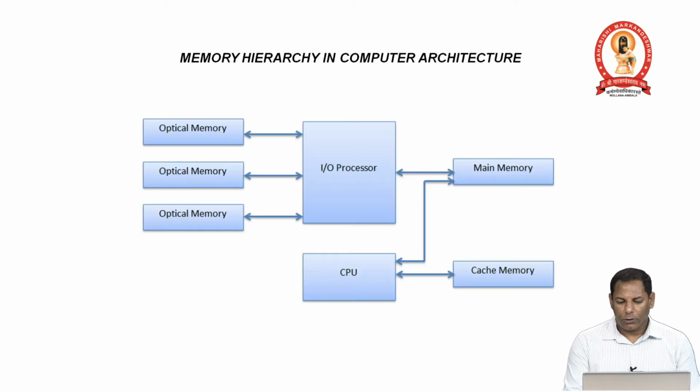If you see the next diagram, the memory which is directly accessible by the CPU is known as main memory, and the remaining auxiliary storage which we use as a backup medium is not directly accessible by the CPU. There is an IO processor which is used to transfer information between auxiliary storage and the CPU.